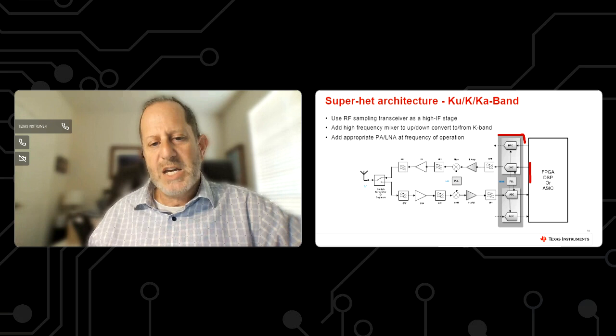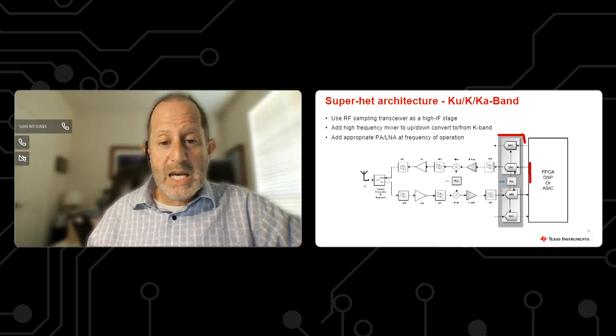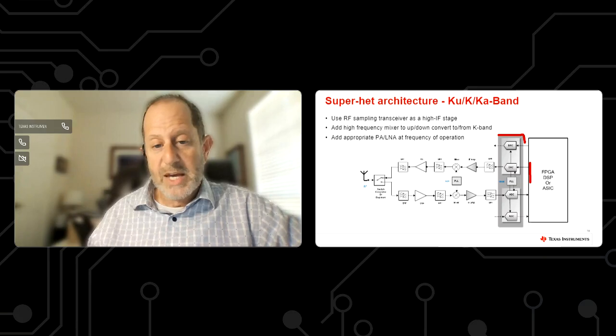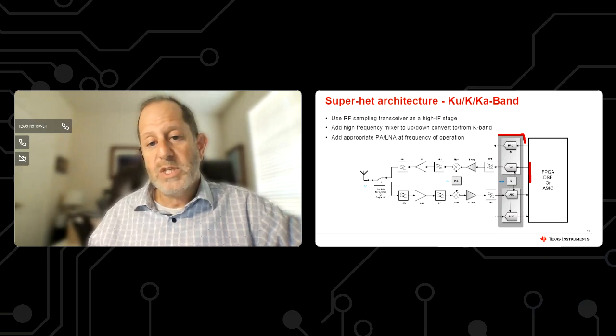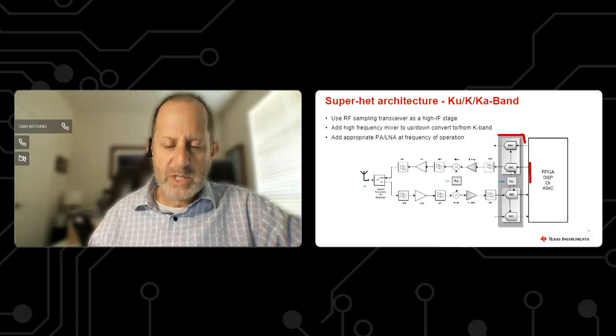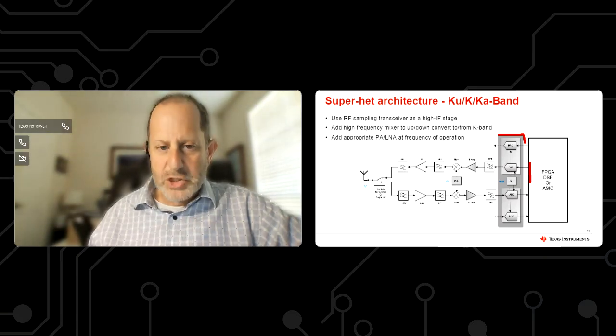But the IF may be something in the gigahertz range, 8 gigahertz, something like that. So there are definitely some advantages to using these high frequency RF sampling devices in this type of superhead, because if we can push this IF frequency higher, it gives us a couple of advantages.